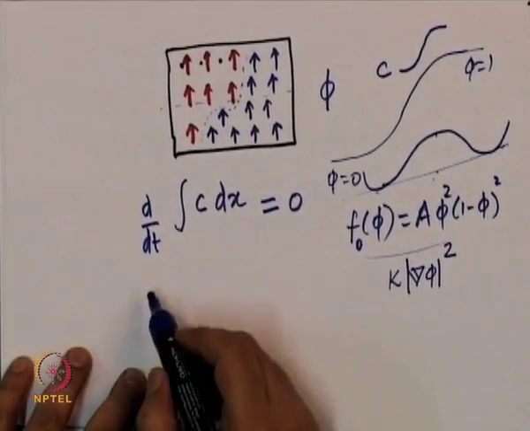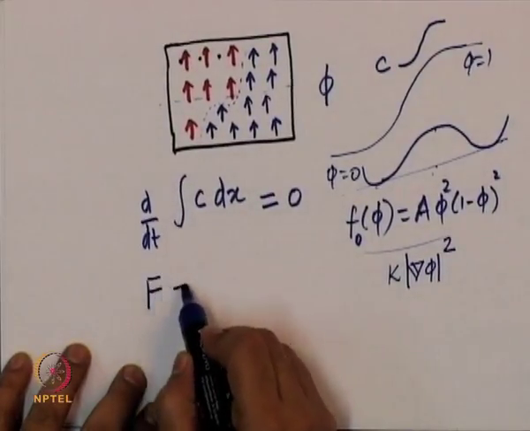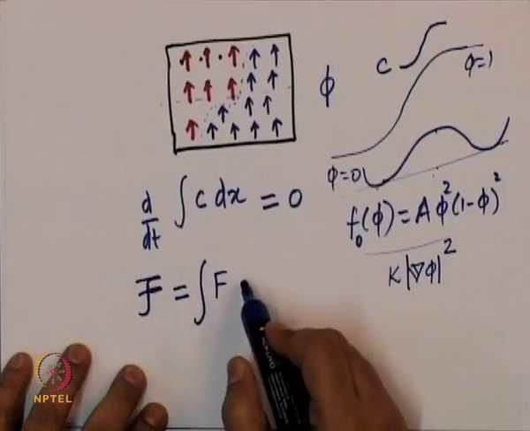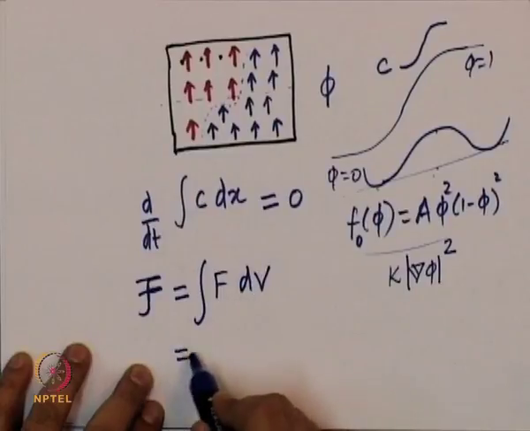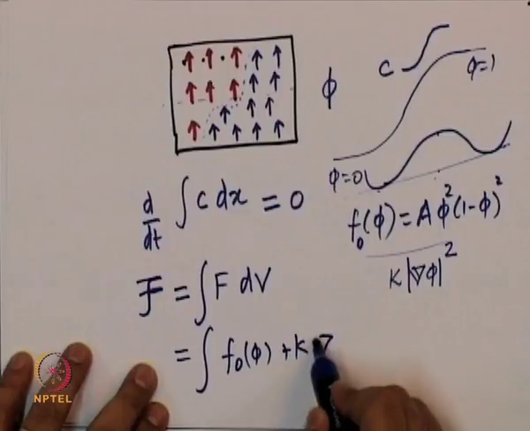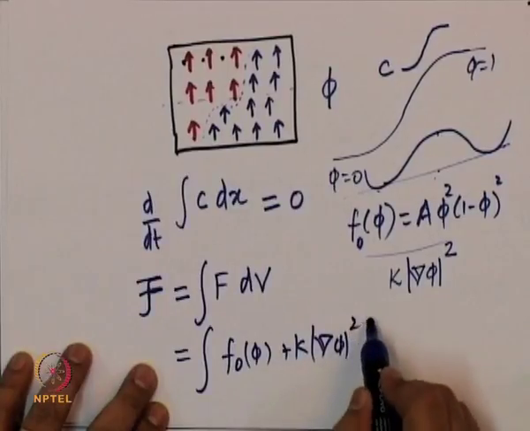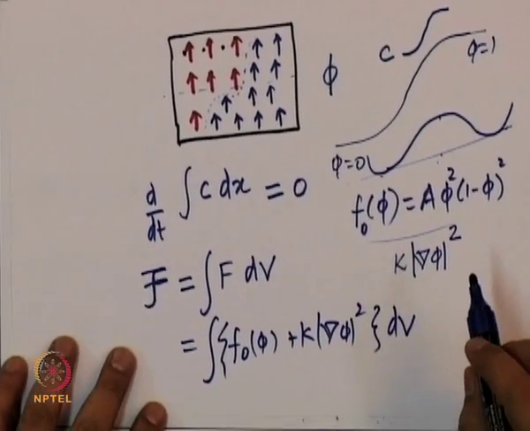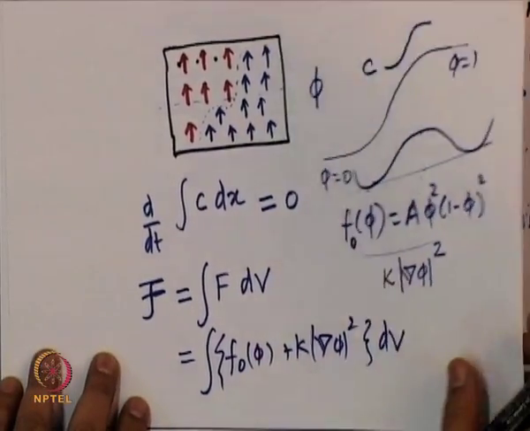So, if I write a free energy functional, which is integral f dV, where f is nothing but f0 of phi plus kappa (del phi) squared dV, I can take the variational derivative of this functional with respect to the phi parameter.